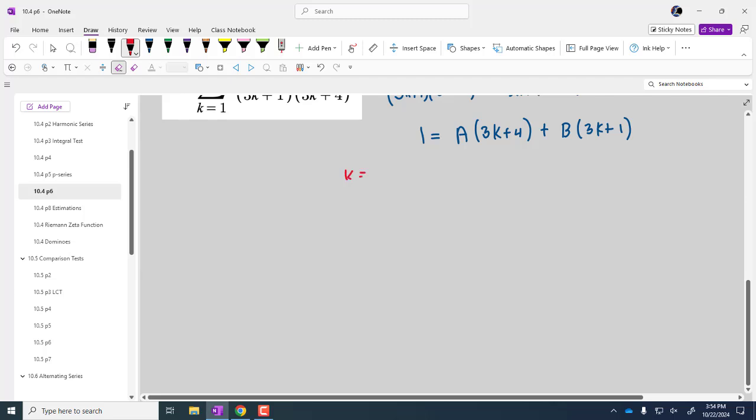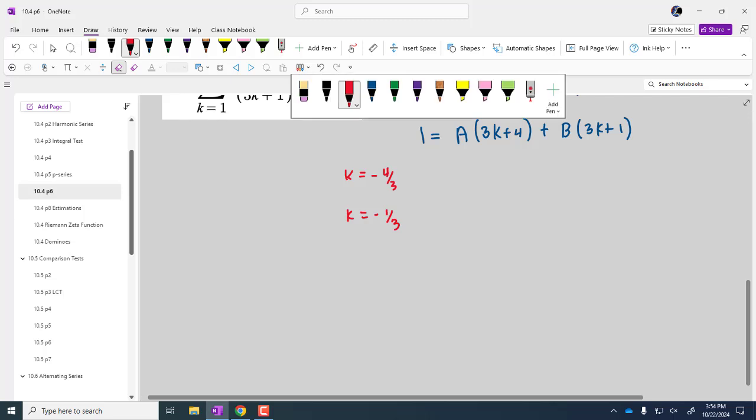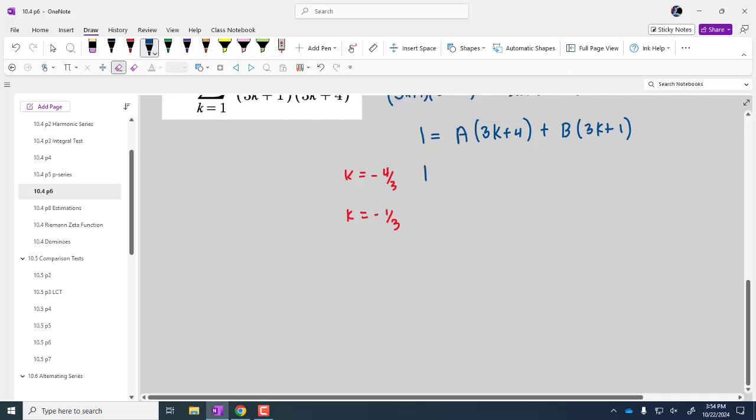What are the two convenient values? -4/3. And what's the other one? -1/3. So if we plug in our convenient value here, we get 0. And over here, when we plug in -4/3, we get -3b.